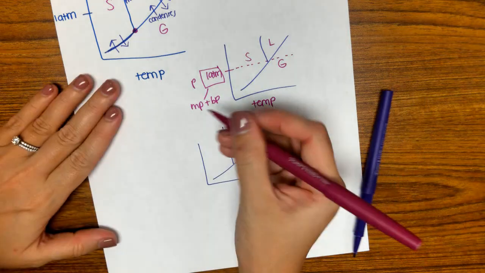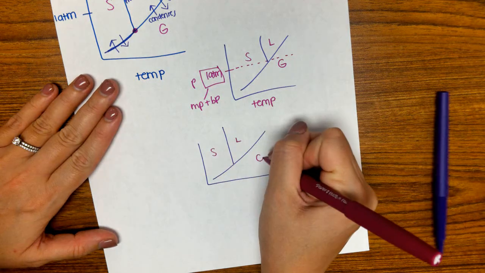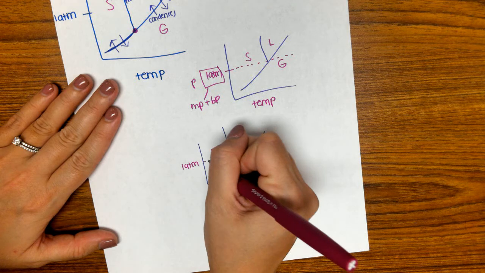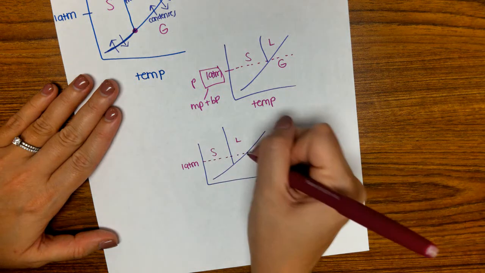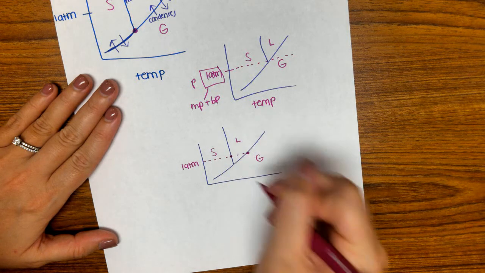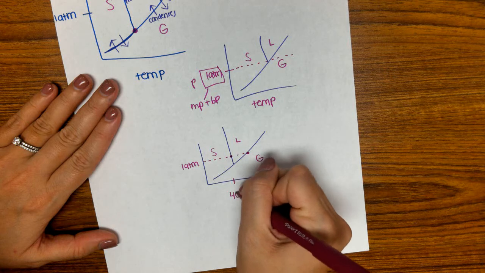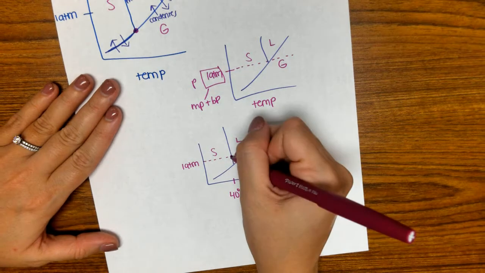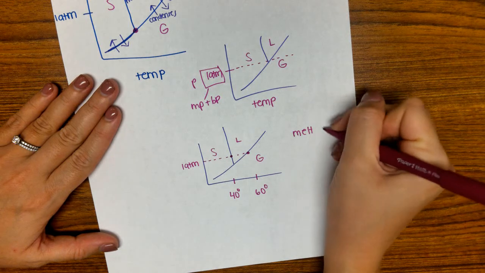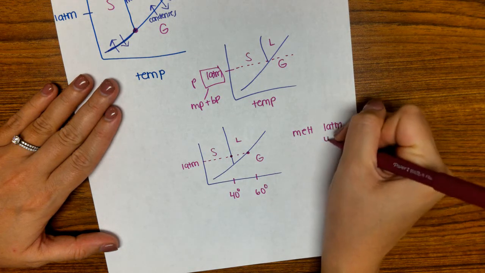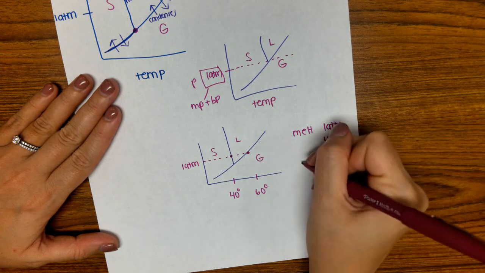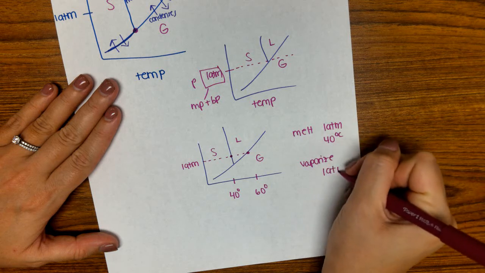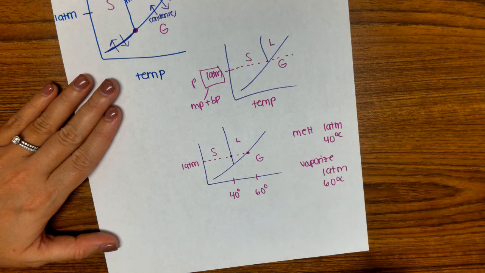Okay, so solid, liquid, gas, and this is 1 atm. And I don't care what this is, let's just make up and pretend that is 40 degrees and that is 60 degrees. So normally this substance would melt at 1 atm and 40 degrees. And then it would vaporize or boil at 1 atm and 60 degrees Celsius.